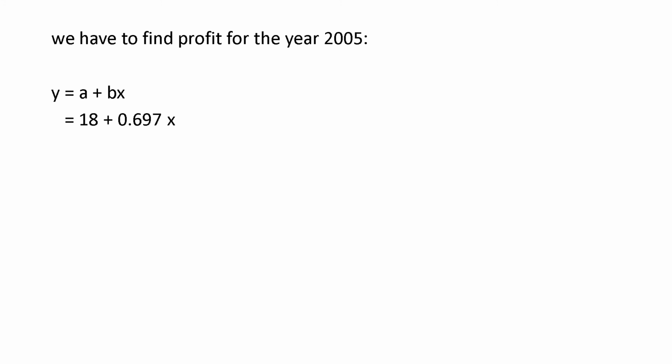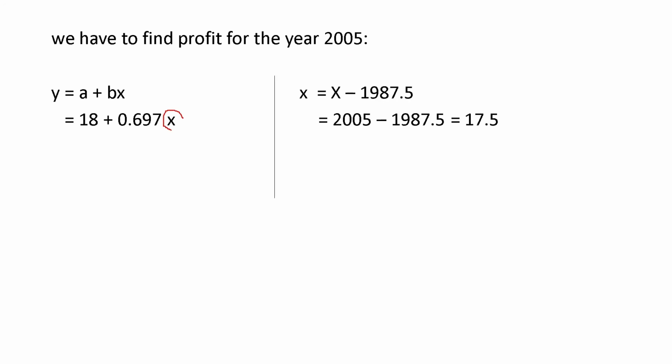Now we have to find the profit for the year 2005. We are having the straight line equation y = a + bx. Substituting a as 18 and b as 0.697, we'll get y = 18 + 0.697x. Now we have to find the value for this x. x is equal to capital X minus 1987.5.